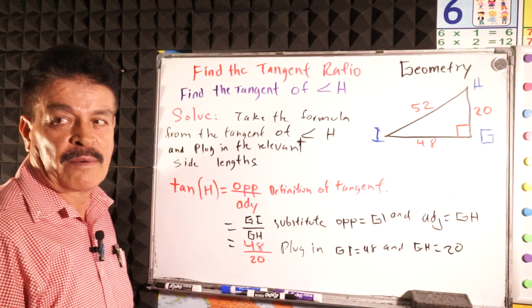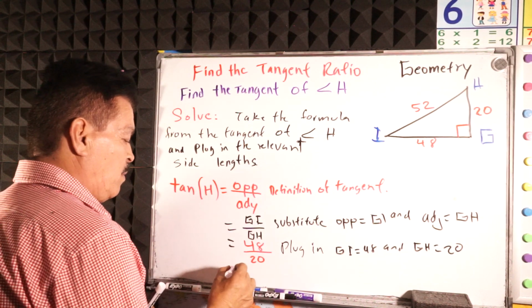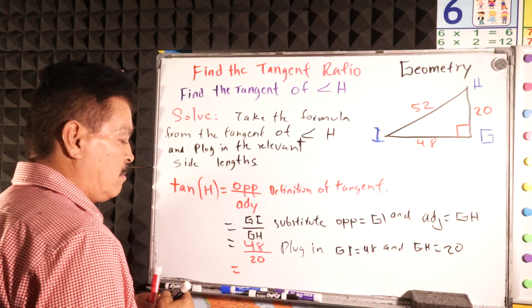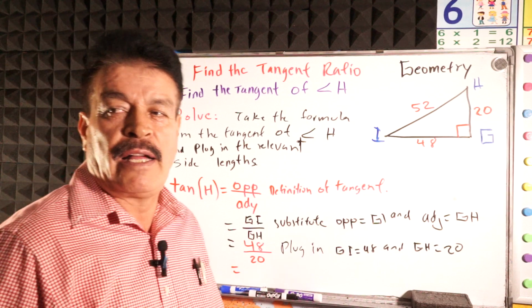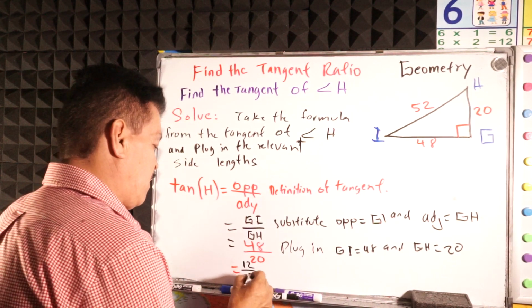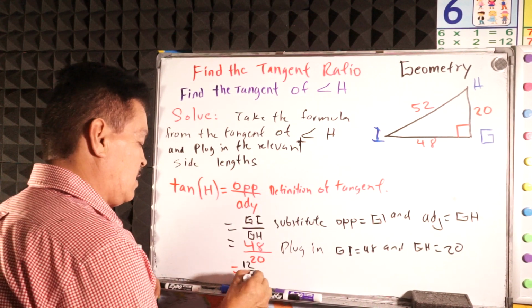Right, that's what I did. So you simplify here, this will equal 12 divided by 5. 12 divided by 5. This is simplified.